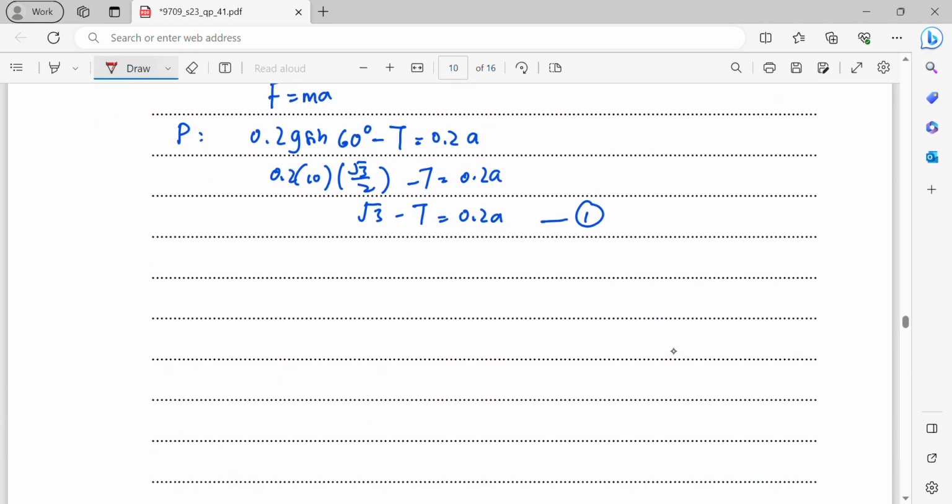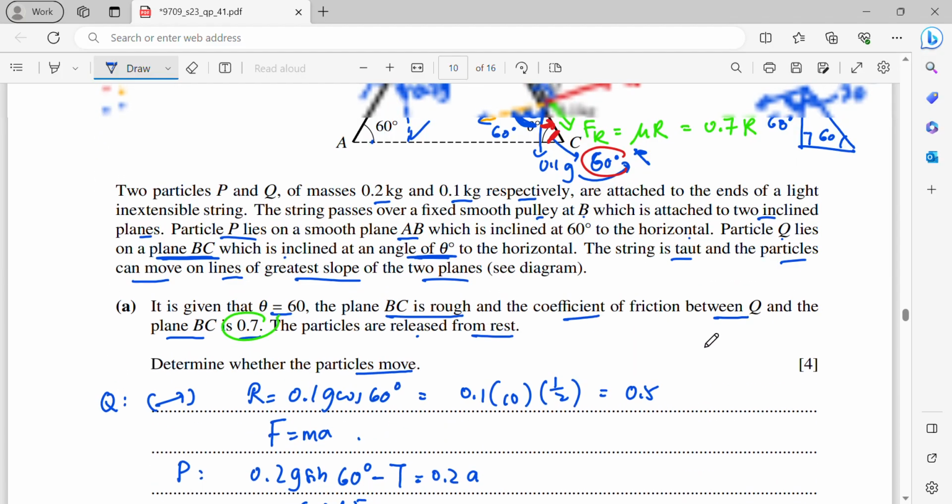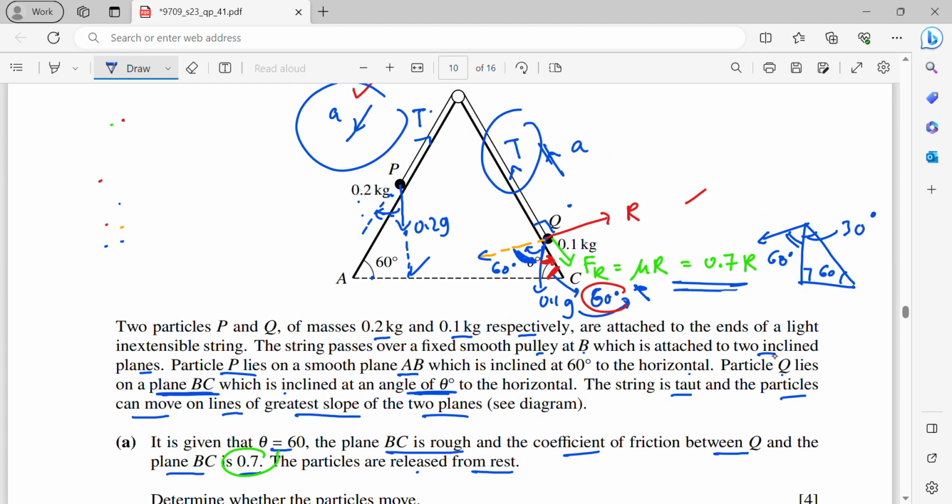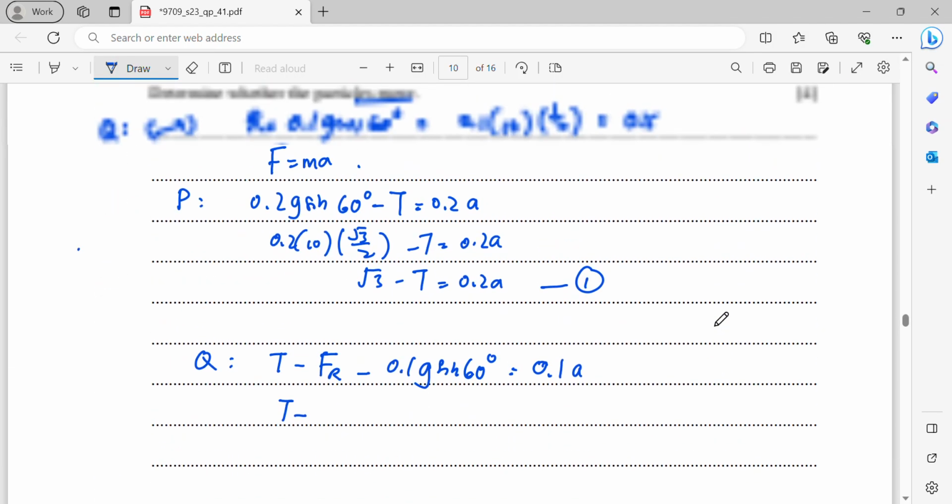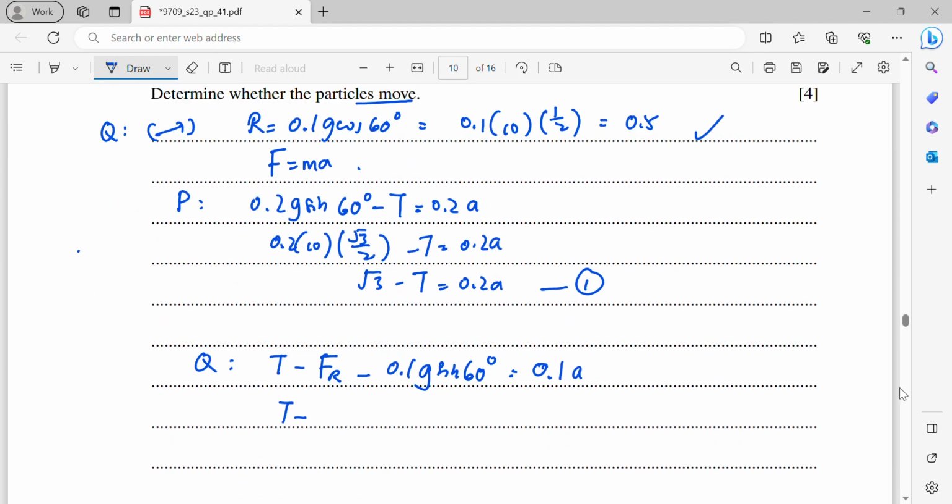So now for the particle Q, I will get T minus FR minus 0.1 G sine 60 degrees equals 0.1a, according to Newton's second law. T minus FR is basically our mu R, 0.7 R. My R is already found, which is 0.5.